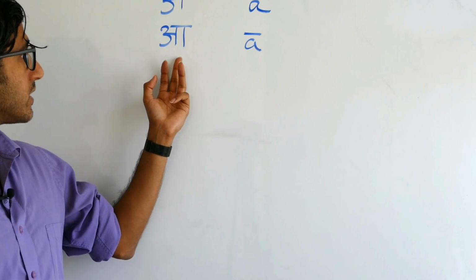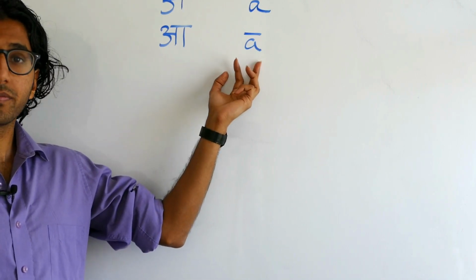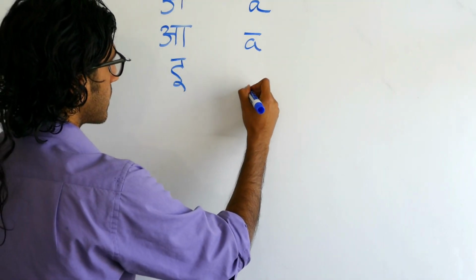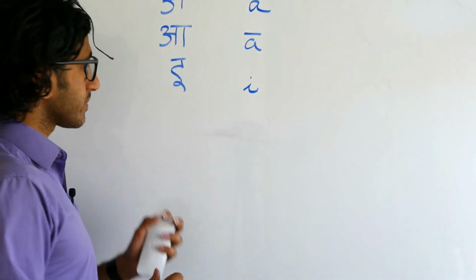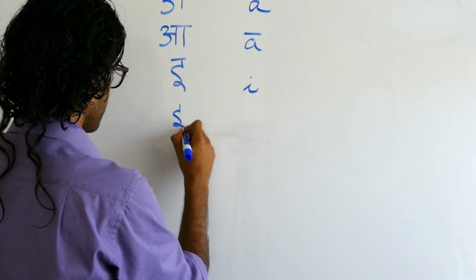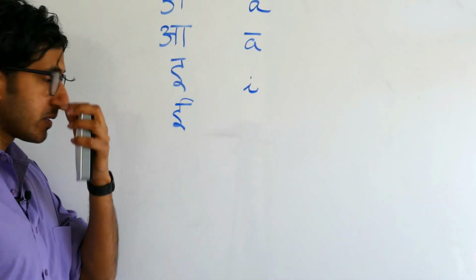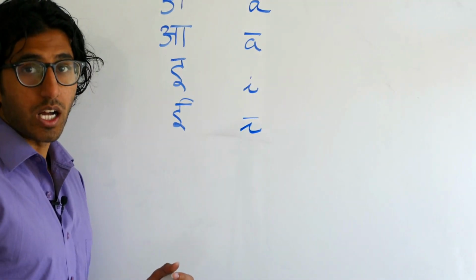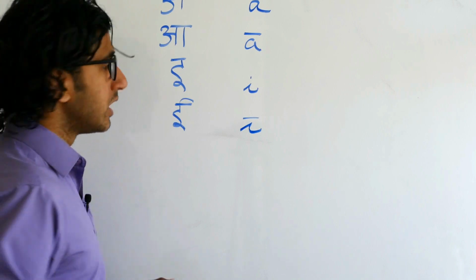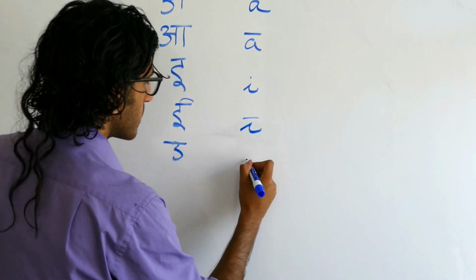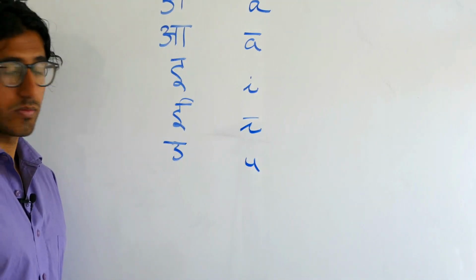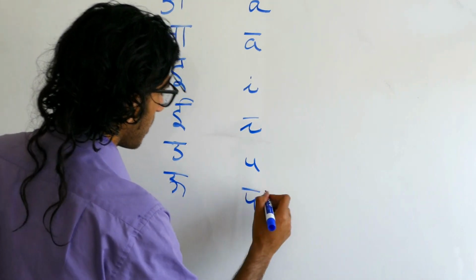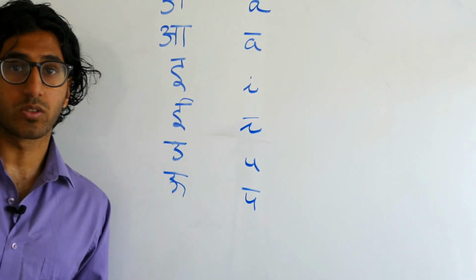Then we have i, that is written like this with an i. Then we have ī, which is written with the long line above. Then we have u, which is written as a u. Then we have ū, which is written as a u with a long line above. You're getting a general understanding of how it is.